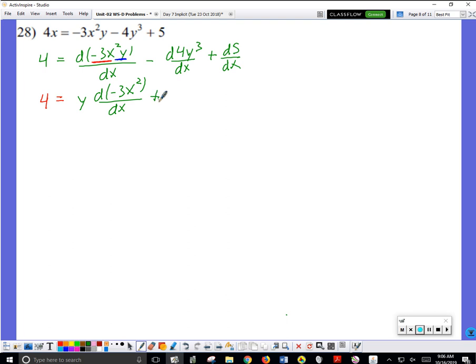Plus, other way around. So I write down negative 3x squared multiplied by derivative of y. Anyone need me to go through that again?